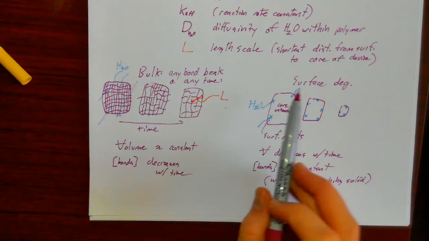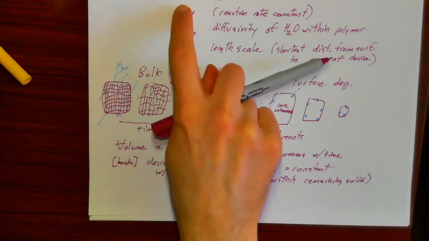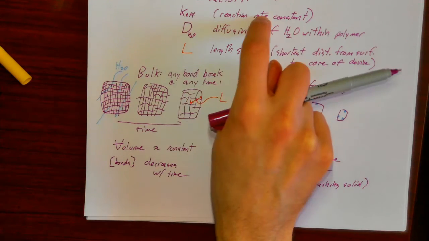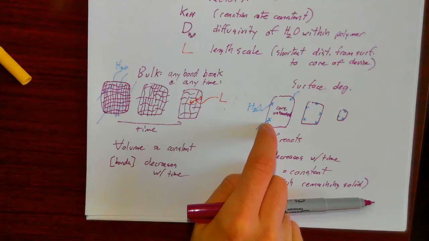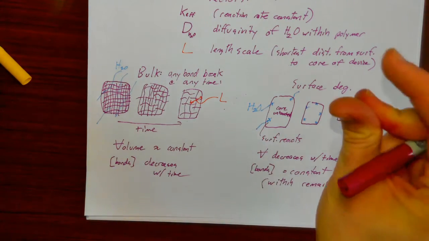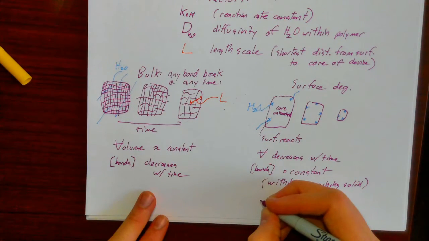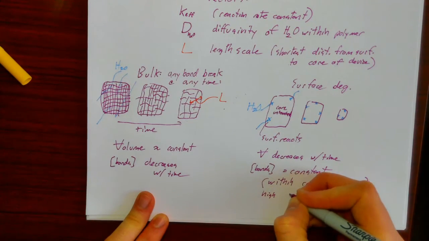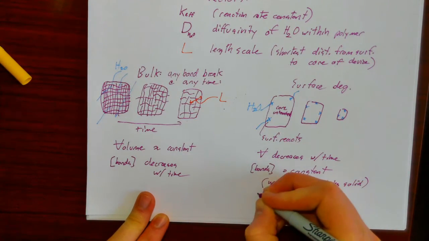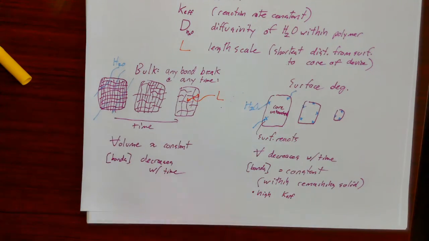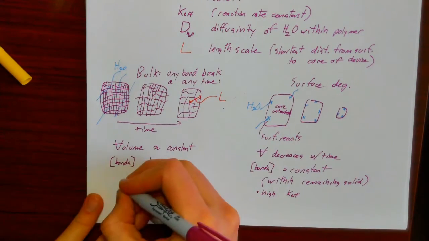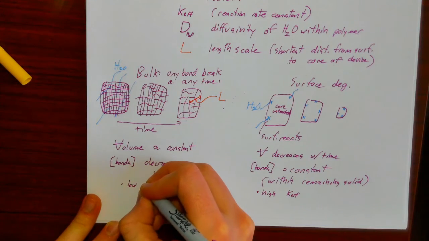Well, high K would be associated with surface degradation, right? High K means the reaction rate is very high, so as soon as water encounters the polymer, boom, it reacts. So this is associated with a high K effective. What about diffusivity of water? Conversely, bulk degradation would be associated with a low K effective.